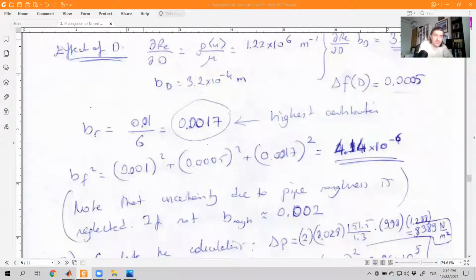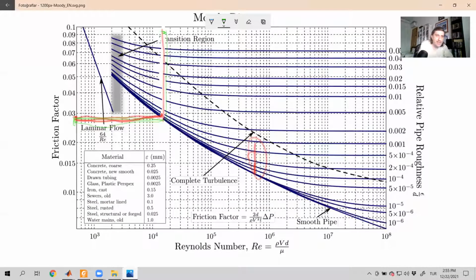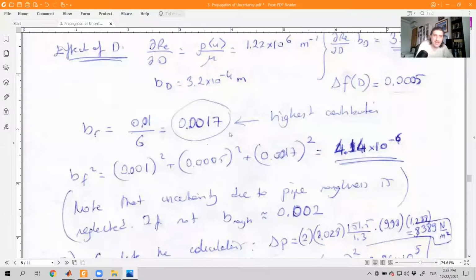Now comes the resolution. As you can see, we have a resolution of 0.01 units here, in the region where I made my reading. Therefore I divide it by 6 again using the normal distribution assumption, and I come up with those results.